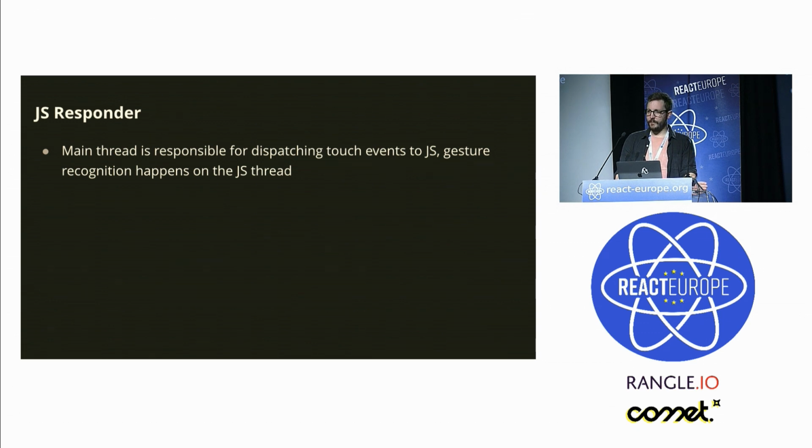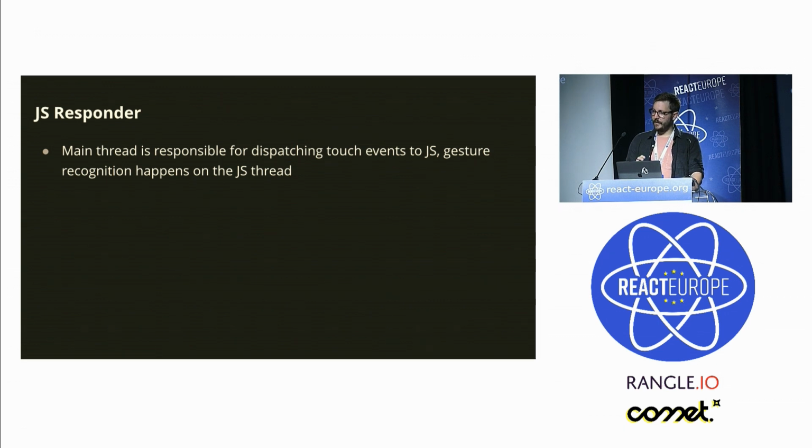The way that works is that the main thread or the UI thread, which is where your native app traditionally is running, is where gesture events arrive. That's where we were talking about before, doing animations that we're offloading from the JavaScript thread to the main thread. So this is where events arrive.